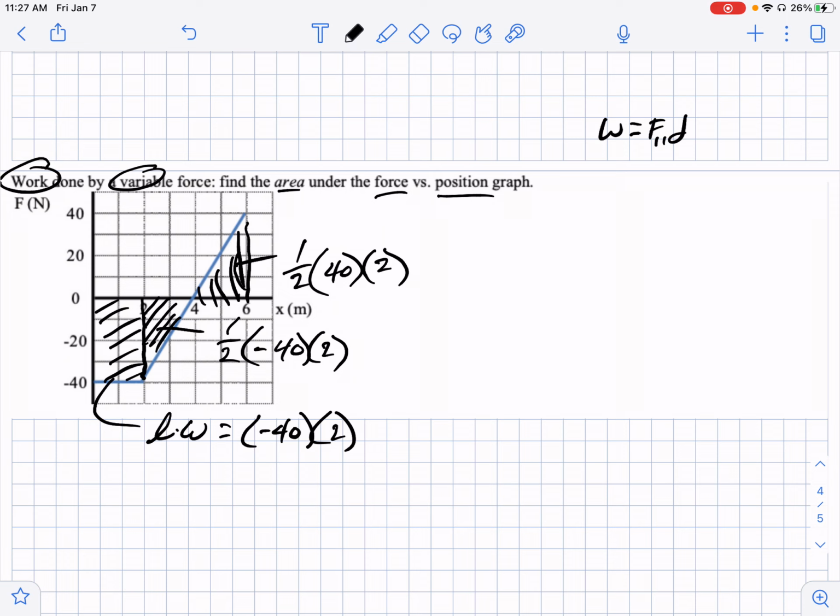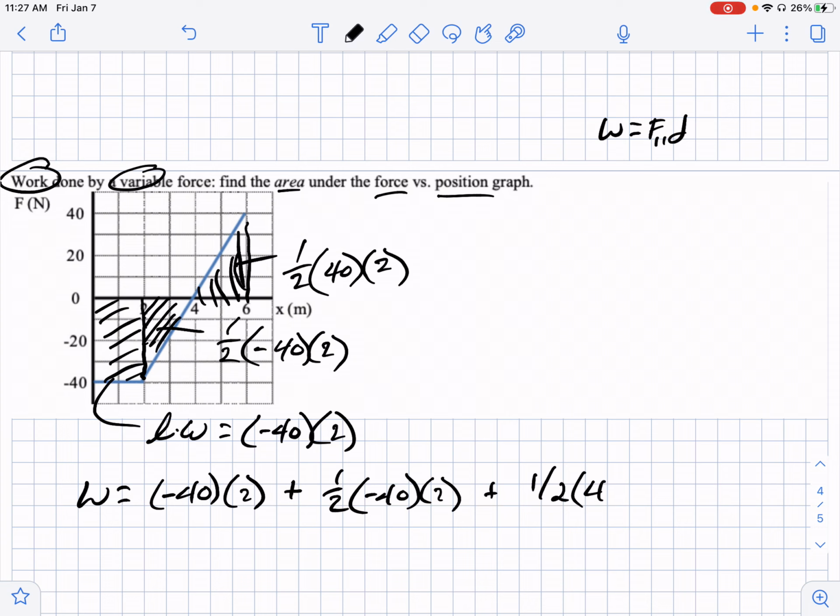And so the work then is going to be all of these areas added up. So you got negative 40 times 2, plus 1/2 negative 40 times 2, plus 1/2 40 times 2.